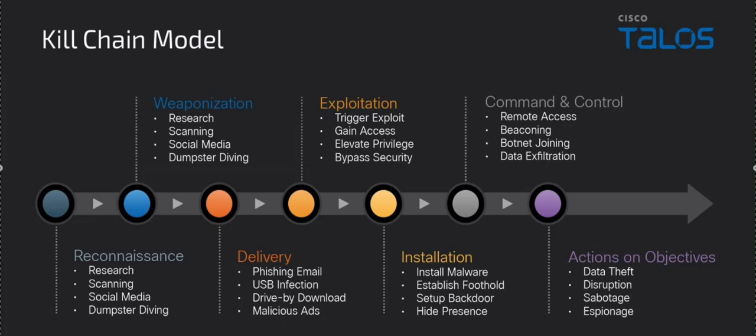Okay, so in this case, the threat actor tries to compromise a company website and then injects malware into it. If the attacker injects malicious JavaScript code to download the payload, it's fine.